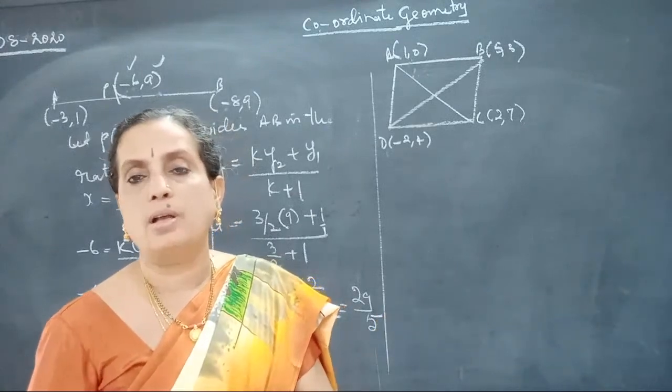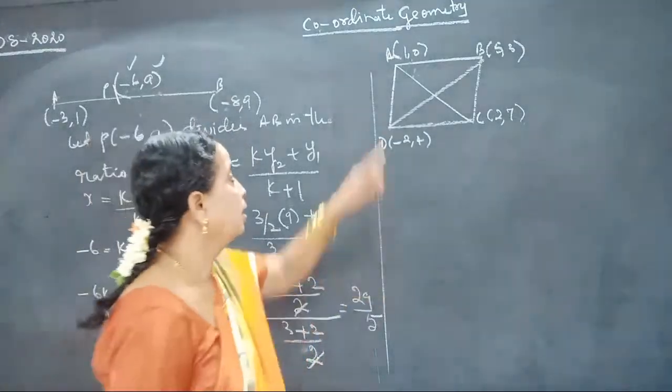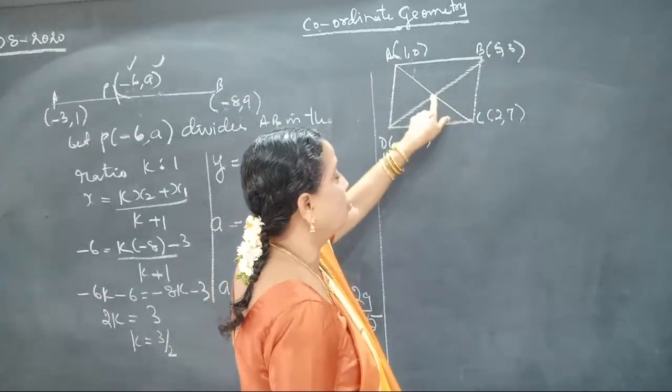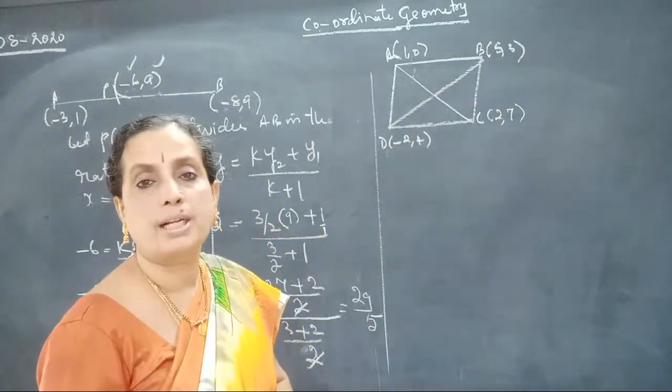Yes, the diagonals are bisecting in a parallelogram. That means the midpoint of diagonal AC is equal to the midpoint of diagonal BD, the point of intersection.